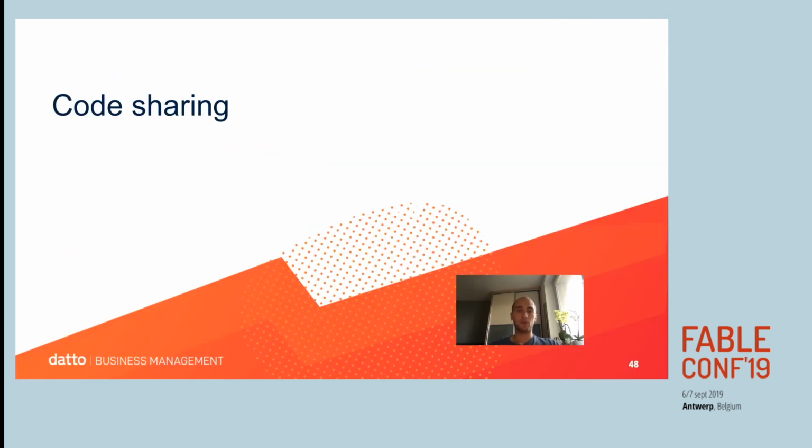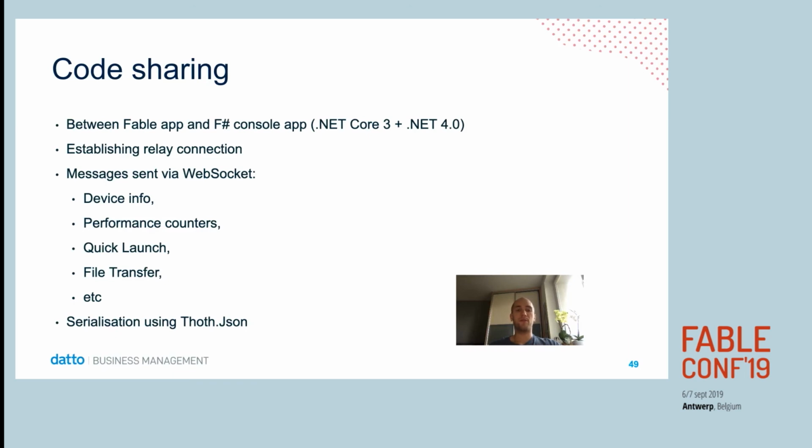And code sharing. Thanks to the fact that we have a Fable F# application and an F# console application, and the F# console application targets .NET Core 3 as well as .NET 4.0 for older versions of Windows, we can have shared F# code.